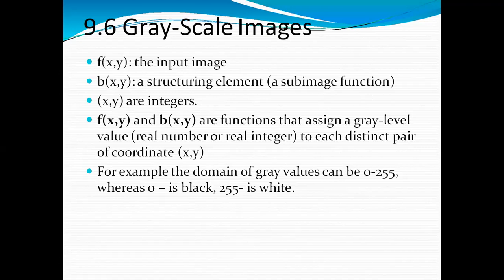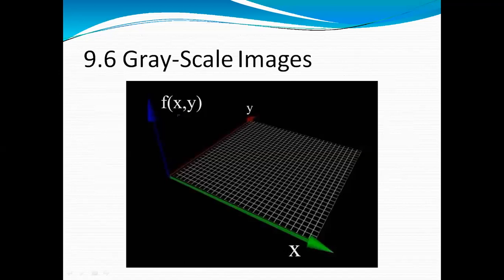For example, the domain of gray values can be from 0 to 255, where 0 represents black and 255 stands for white. So this is the grayscale image representation, f of x comma y, where x is one coordinate representation and y is the other.